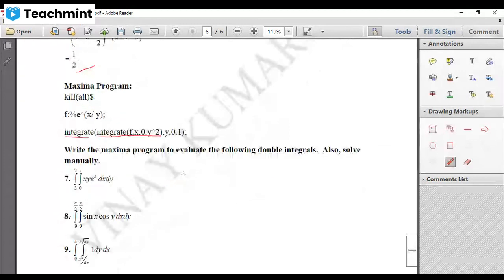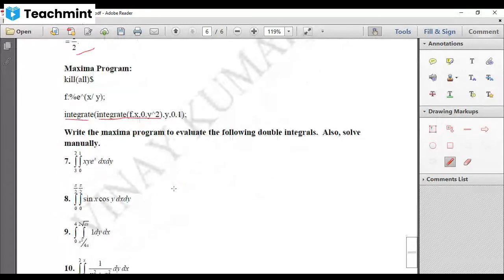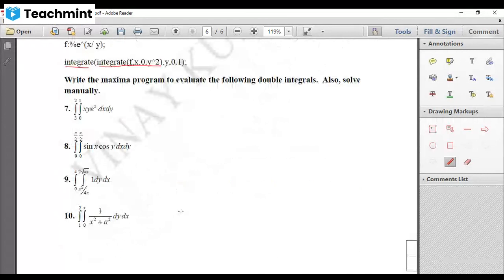Then, given a few problems, you write the Maxima program and also manually solve them. Now, we will execute these programs in Maxima.